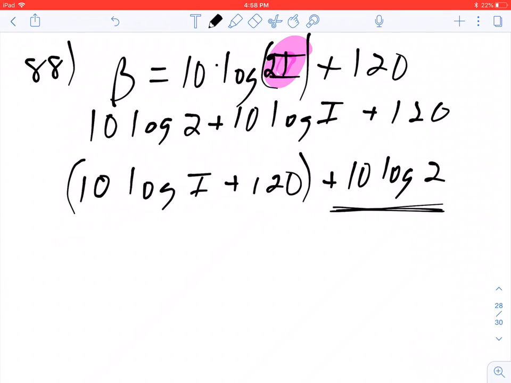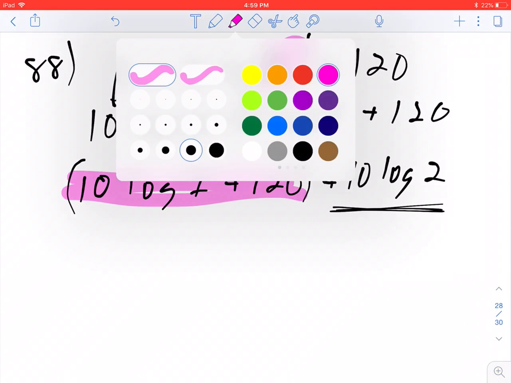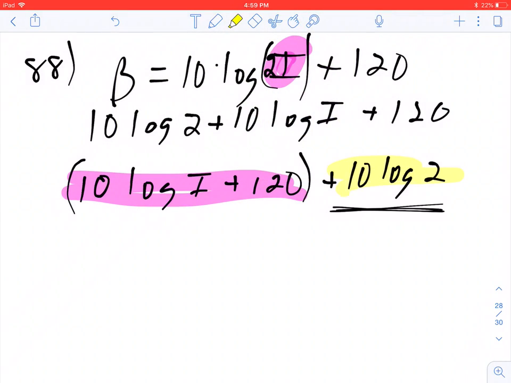What I'm going to highlight here in pinkish purple, that's what the original formula was. But by inserting a 2 in the top purple part, we ended up with this extra part that I'm going to highlight in yellow. So 10 log 2 is the extra result of putting a 2 up top in the original formula.